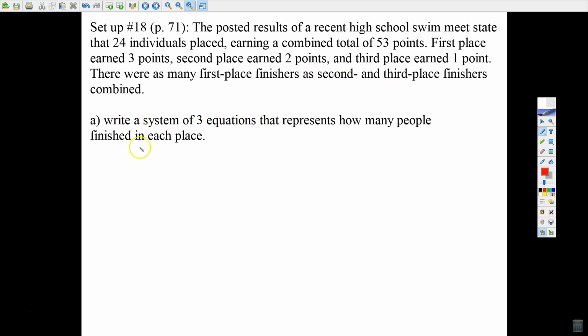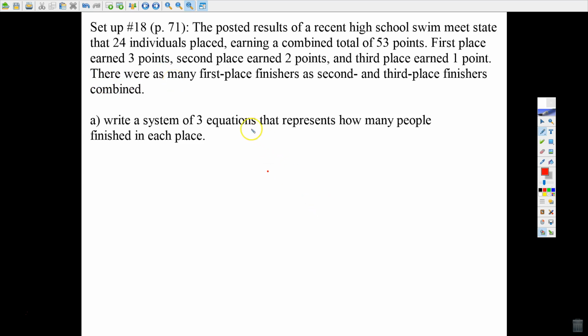So I just want to set this up for you, and then you can use elimination, and I'll show you also how you can use substitution if you prefer. Even though I know our previous examples didn't use substitution, it's really not bad to do. So first of all, let's see if we can set the system up, and that begins by identifying variables for whatever it is that the problem is asking us to do.